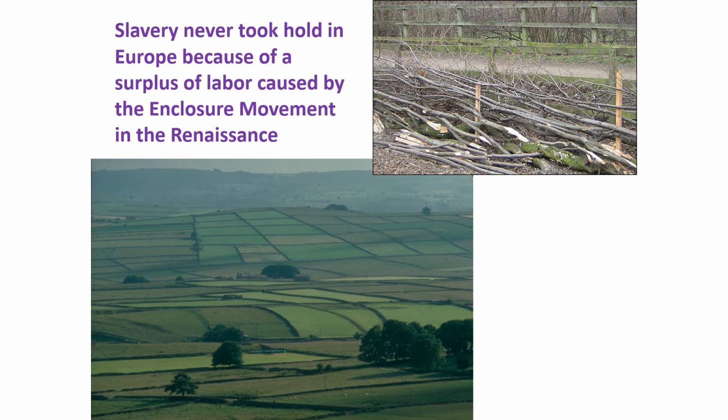And because raising sheep required less labor than growing crops, the old feudal lords would simply kick the remaining serfs, the remaining peasants, off their land. And these peasants would flood the cities that were growing in the Renaissance, and they provided cheap labor for anybody that needed labor. So there really wasn't much need for slavery in the new nation states of Europe as they emerged out of the Renaissance. This concludes the first of 5 on the development of slave trade in America.